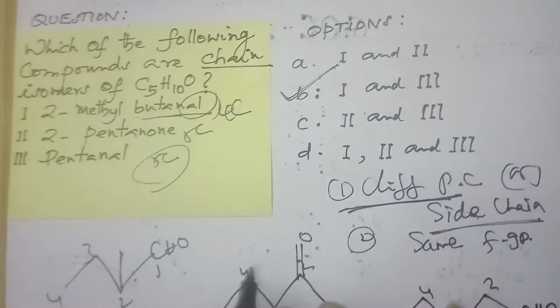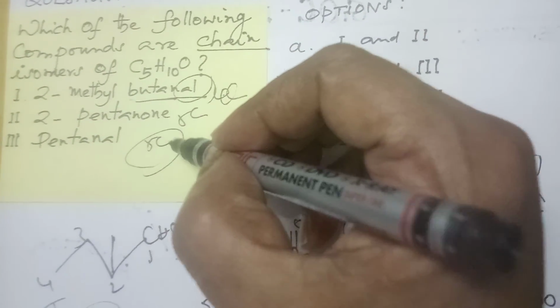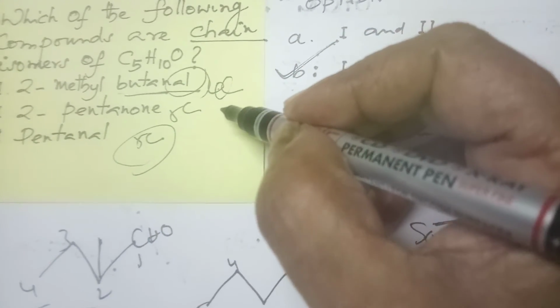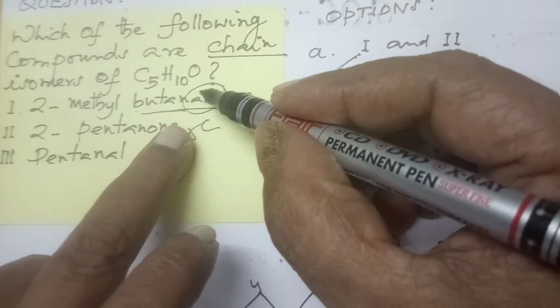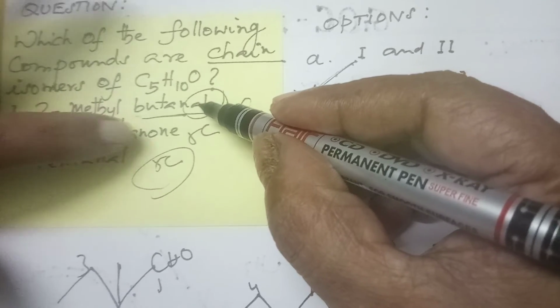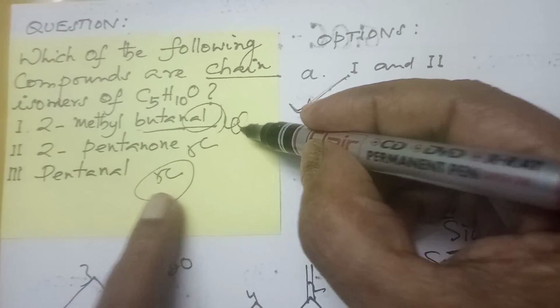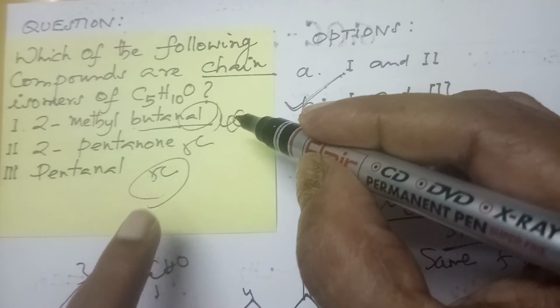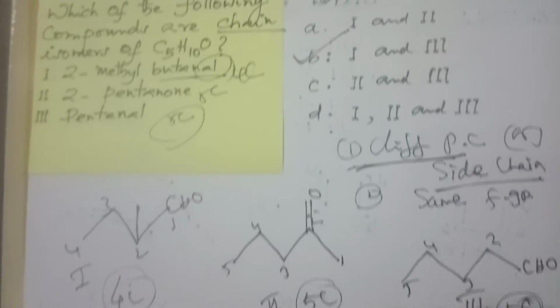Instead of putting the diagram, you can go with the number of carbons. Butanal 4 carbon, pentanone 5. So the carbon is identified. These have different carbons, and different carbon is okay for chain isomer, but the functional groups are different, so it is not correct. Now this is correct; both the functional groups are also the same. So your option is 1 and 3. Either this way or that way you can do, whichever is convenient.